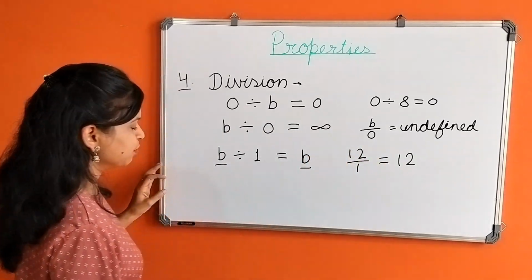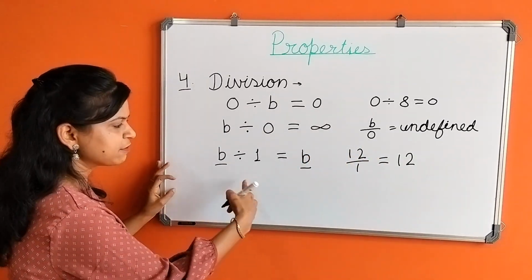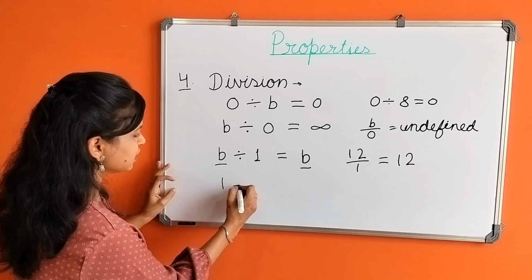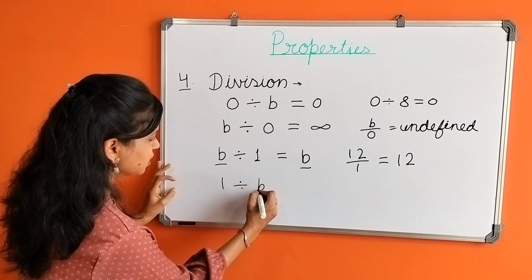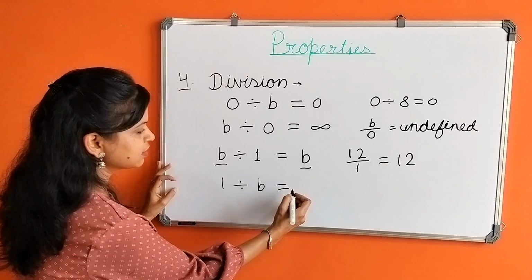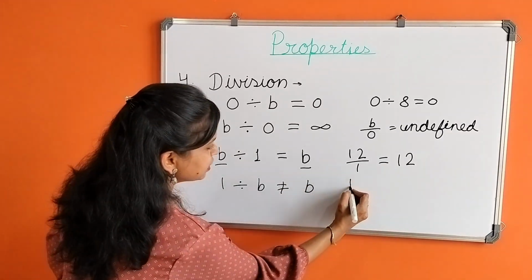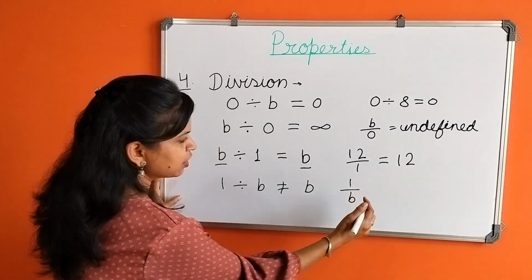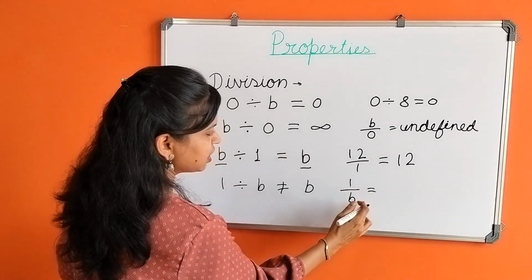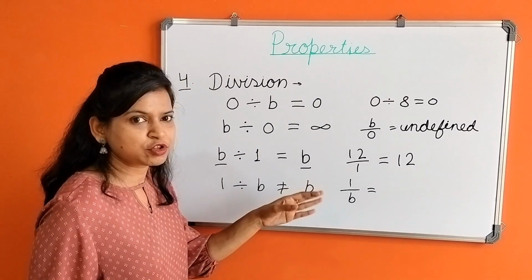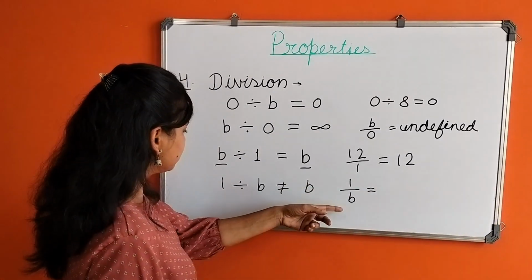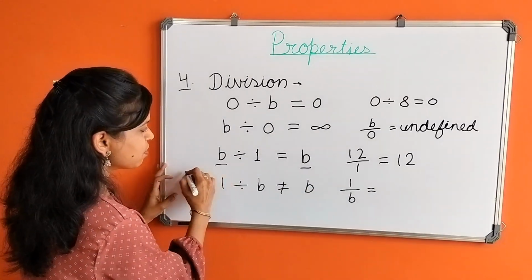But 1 divided by b is not equal to the same integer. We have to solve it. 1 upon b, whatever the number b is, we have to divide it. Okay.